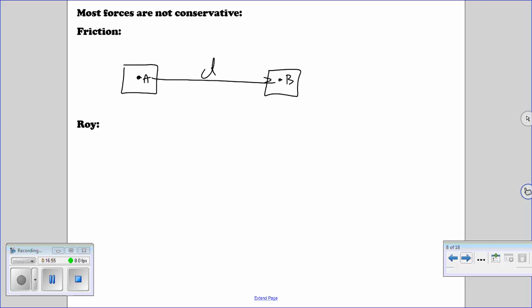Whereas if you do this, the force of friction is the same, but your distance is going to be significantly bigger. So the work done by friction is going to be a lot larger. And similarly, if Roy is pushing it, same idea, the work that he does is going to be different. So most forces are not conservative, all right?